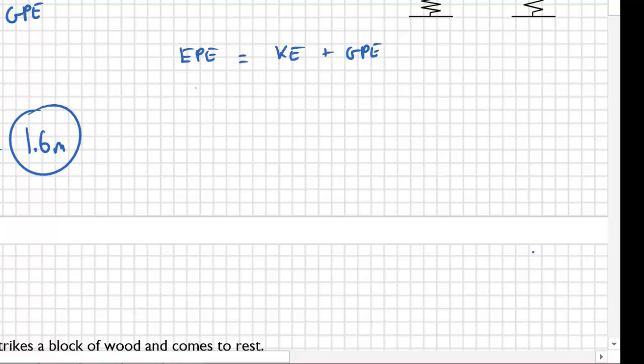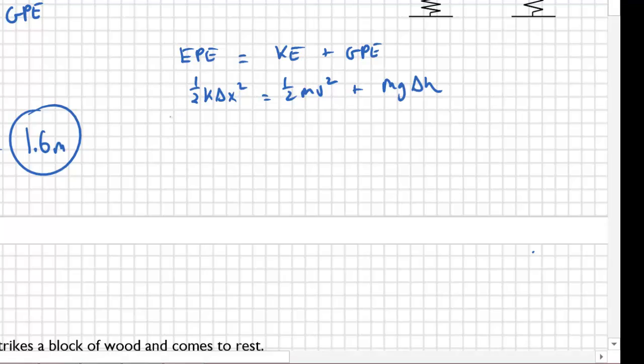I'm just going to go ahead and plug in my whole expression here. 1/2 K delta X squared is equal to, my kinetic energy is 1/2 mv squared, and then that's plus mg delta h. Now I could rearrange and solve for my velocity here, or I can plug in numbers and then rearrange. I'm going to do the second method now. I'm going to plug in numbers and then rearrange.